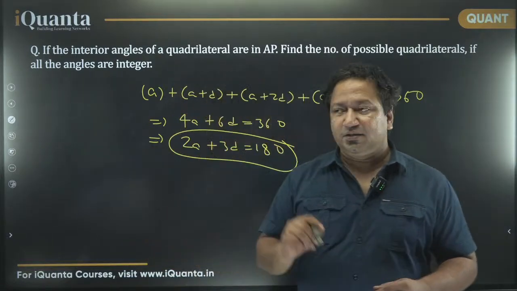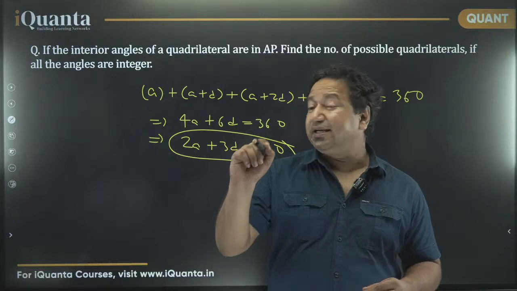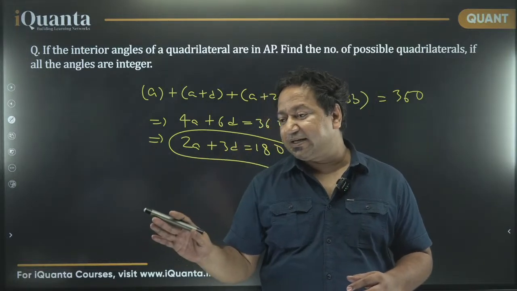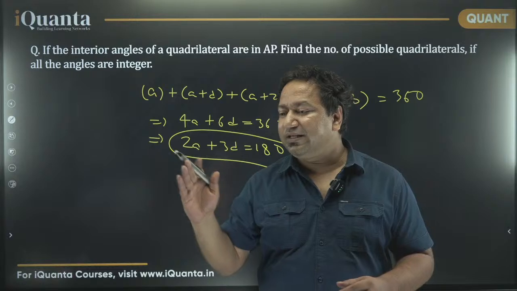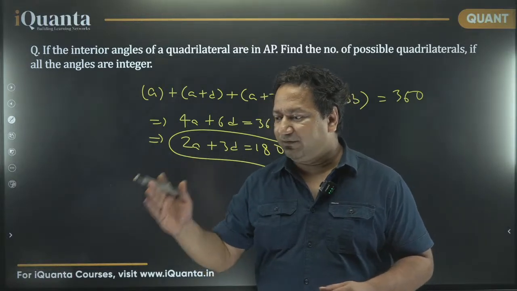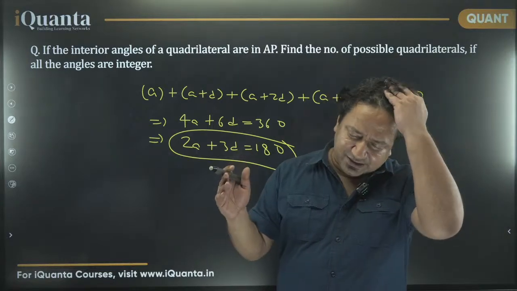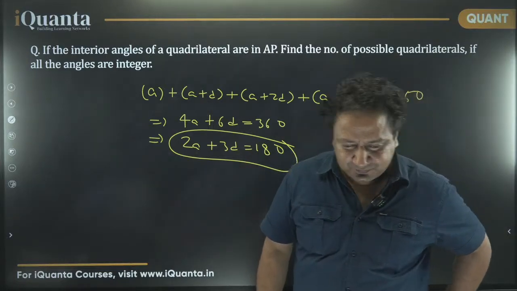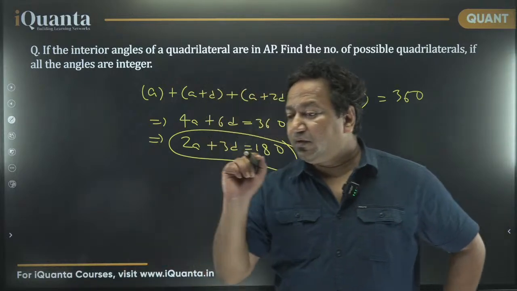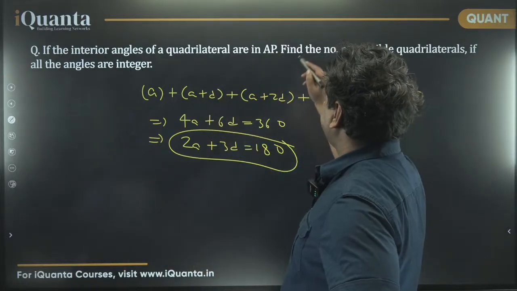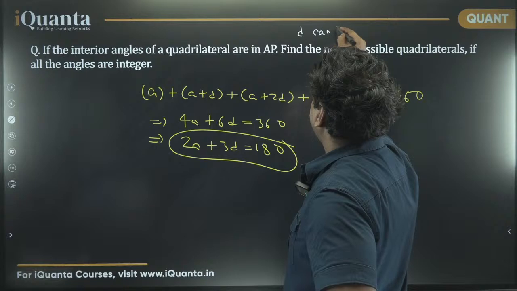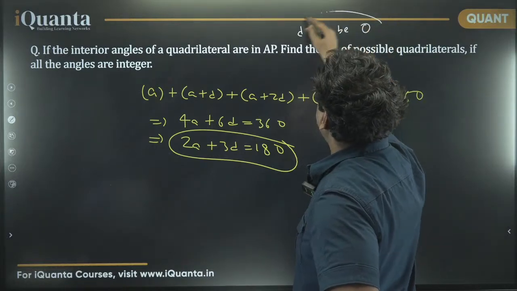An arithmetic progression is defined in mathematics as a series in which all the elements are equally spaced. That means they have a constant difference. That difference can be 0 as well. So D can be 0 as well.